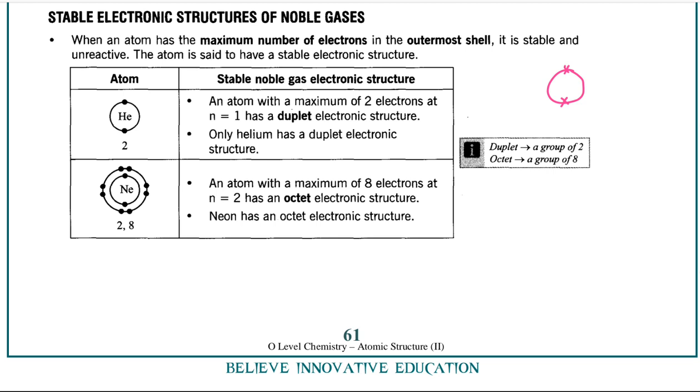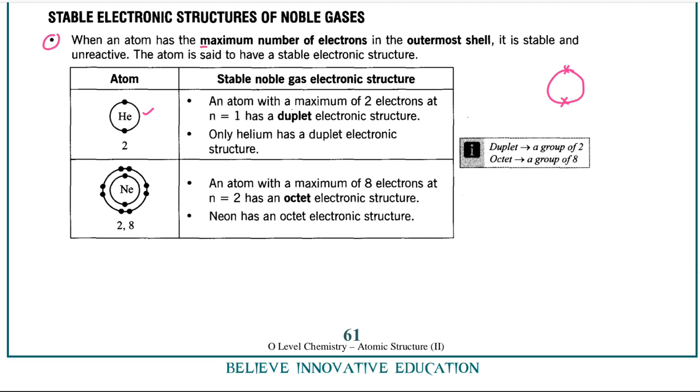For example, helium. Helium has 2 electrons, and it has filled up to maximum. When it fills up to maximum, something happens to it, and that is what we are studying in this video.